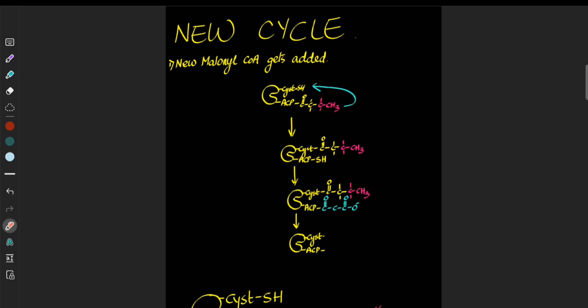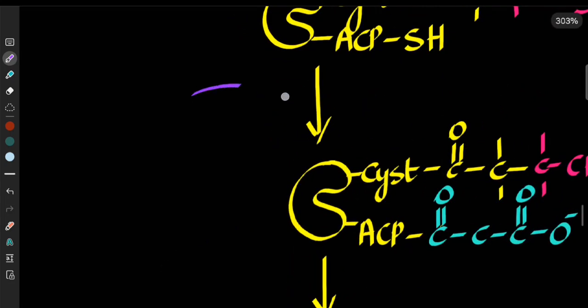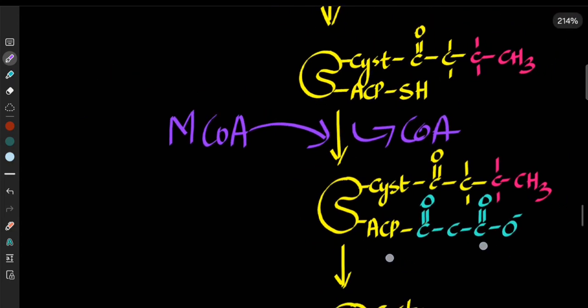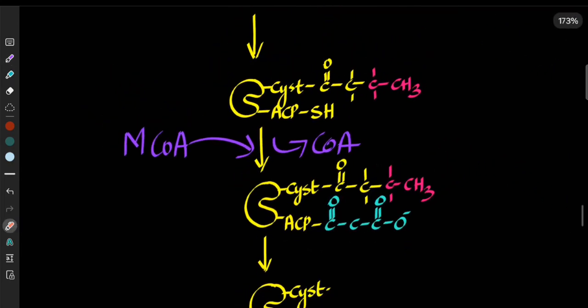So now malonyl coenzyme A will come in, right? And it is going to pop off the coenzyme A over there. And now as you can see, the malonyl has successfully attached itself to the ACP group, and the butyryl group which we had extended went to the cysteine group, right?